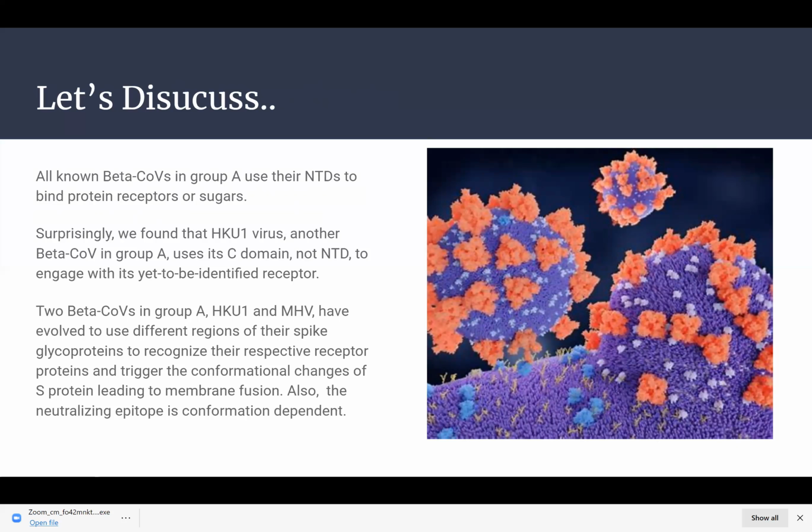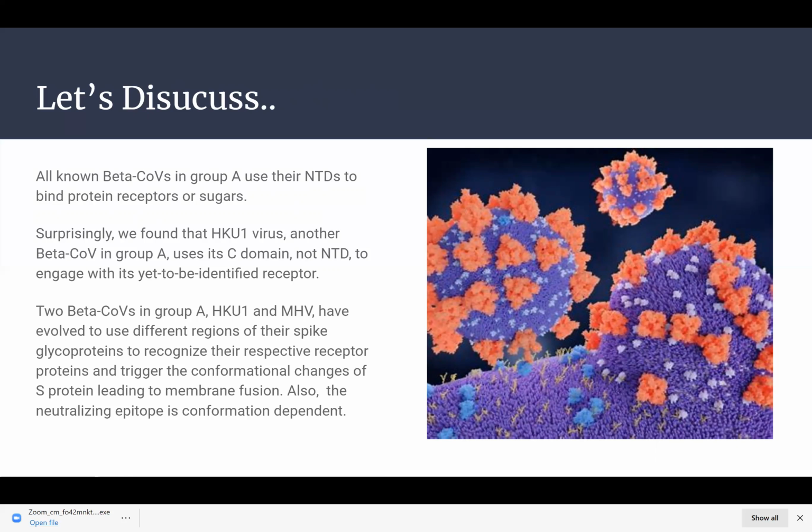So what that means for this paper in general is that the coronavirus groups evolved in different ways in microevolution, to use different regions for their spike glycoproteins, and that is big in helping to determine which antibodies to use, and also big in finding which vaccines can be used against different coronavirus strains.